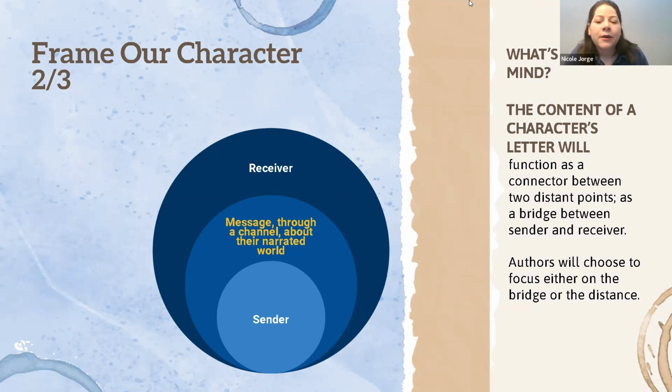We can think of it in terms of the content of a character's letter functioning as a connector between two distant points. Again, we have a sender and a receiver, and this letter is going to be a bridge between them. Now, because we are authors who love to put our characters in different situations, we get to focus either on the bridge or on the distance.